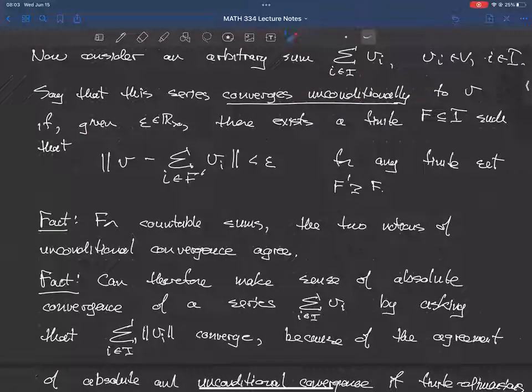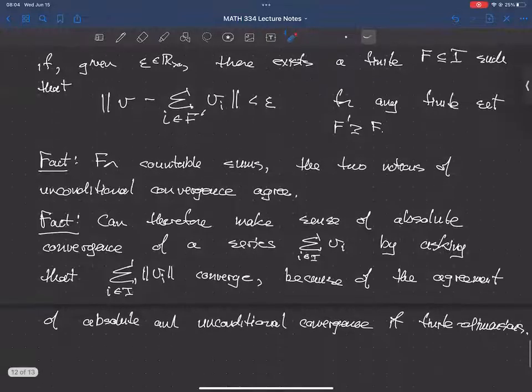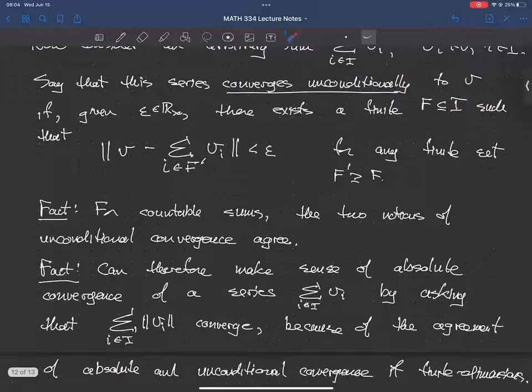Well, I'm going to define that to mean, you can define it just by asking that it converge and then think about what that means, or you can just take note of the fact that, like I said, absolute and unconditional convergence agree, and so really the convergence of this can be taken in this sense, but where I'm now talking about a series of positive real numbers.